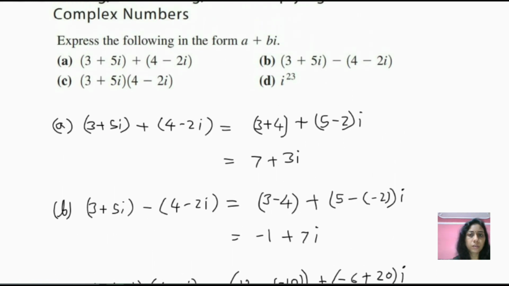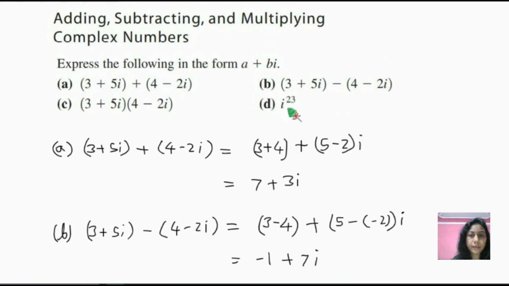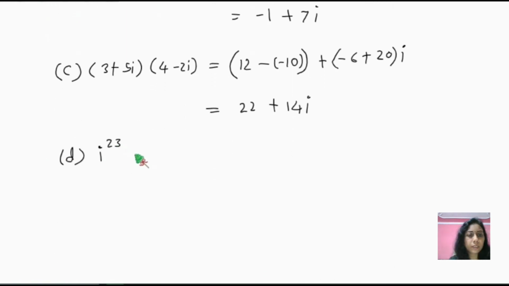Now question D: i to the power 23. Here the power 23 is odd, so we have to convert it into an even power. We can write 22 plus 1. Here we apply exponent laws, and we know that a to the power m plus n can be written as a to the power m multiplied by a to the power n.